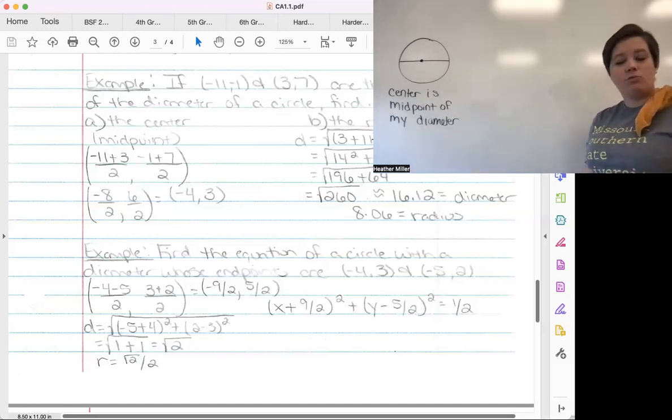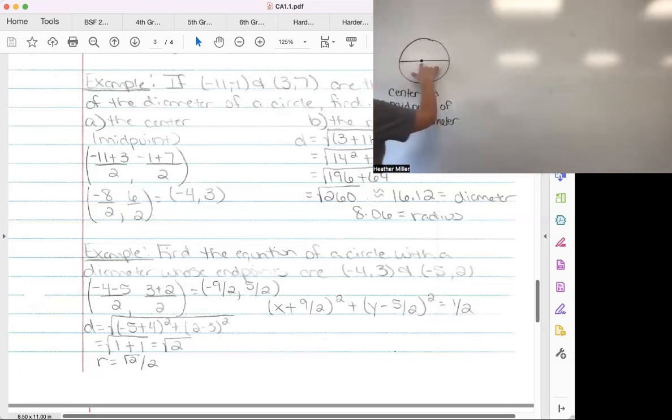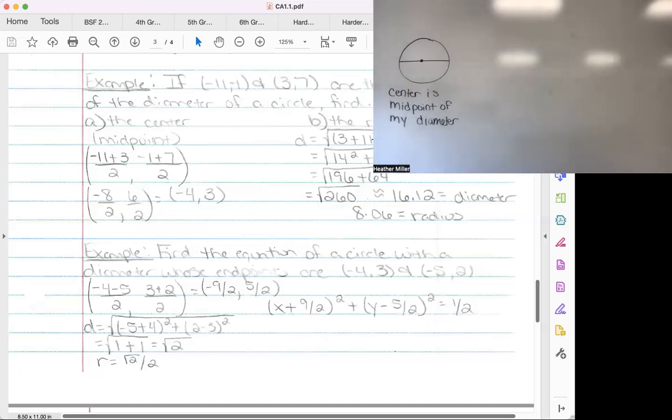And then if we need to find the radius length, then we're just finding the distance from the center to one of the points over here. And it gives us the points. It tells us the points are (-11, -1) and (3, 7).